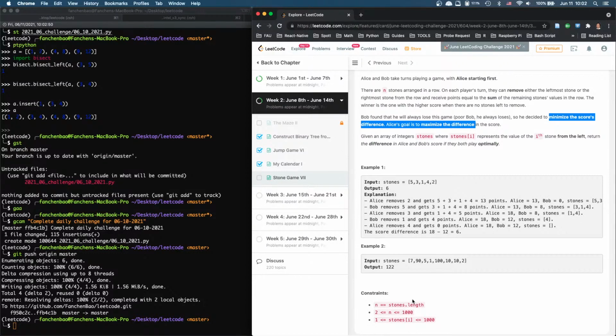With 2 left, he always chooses the small one, right? So Bob is playing optimally. So for Alice to play optimally, she has to pick the large one. If she picked the small one, she'll get a smaller difference, and her goal is to maximize the difference. Okay? So that's with 3, right? That's with 3.